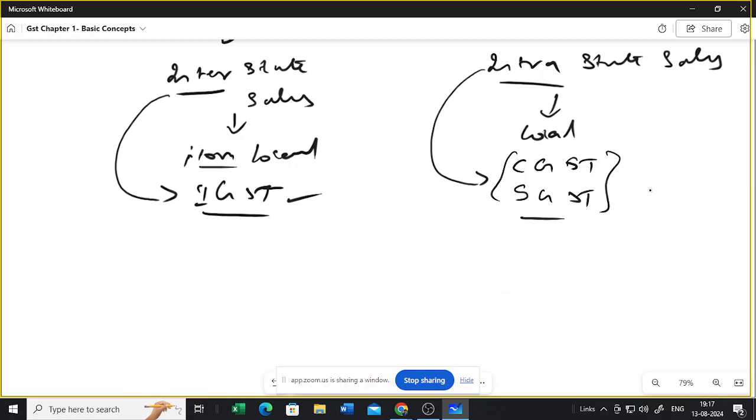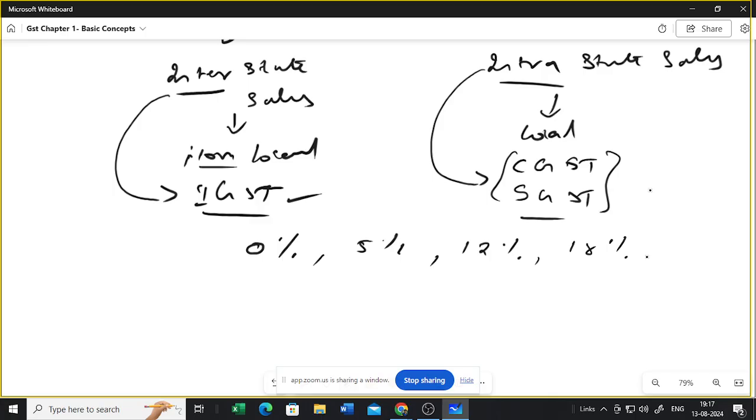Now coming to the tax rate, how do we calculate the tax rate? Government has defined particular tax rates for every product. Clear? The tax rates we have are, first, 0%, 5%, next 12%, next what?